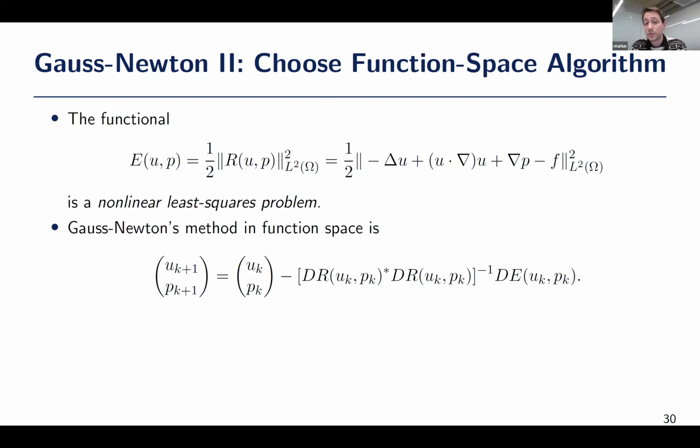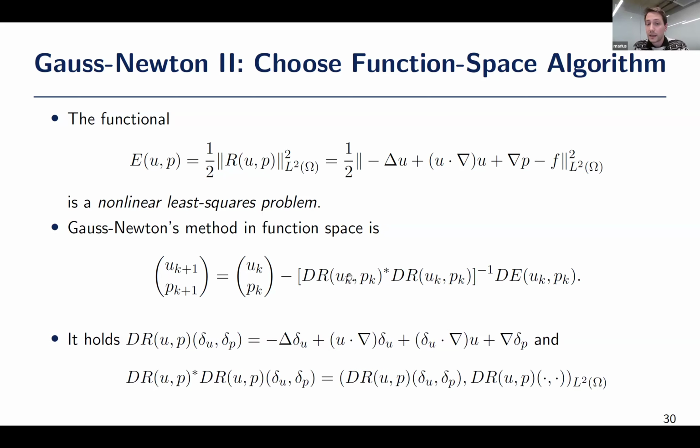If I choose Gauss-Newton's method in function space, this is what the algorithm looks like. You linearize the nonlinear residual. You get back a quadratic model. You minimize that quadratic model explicitly, and this is what you get back if you do the computations.